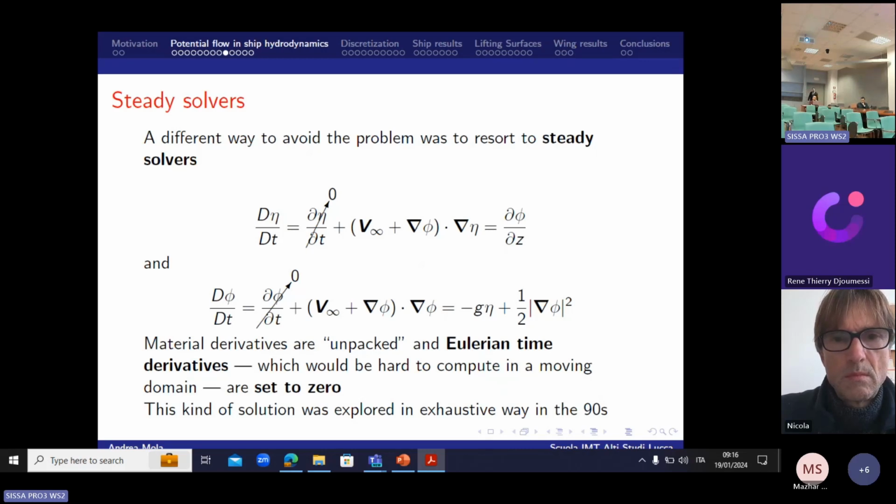Steady solvers were developed unpacking the Lagrangian time derivatives on the left-hand side, removing altogether the Eulerian time derivatives, which were difficult to compute in moving domains, and because in steady solvers they would be null, that was a good approximation.